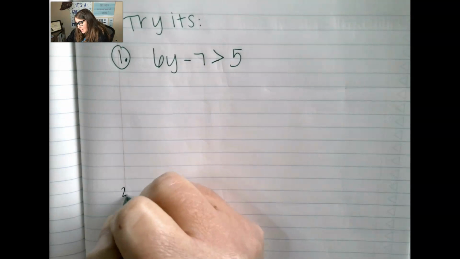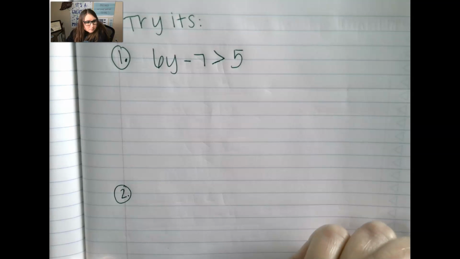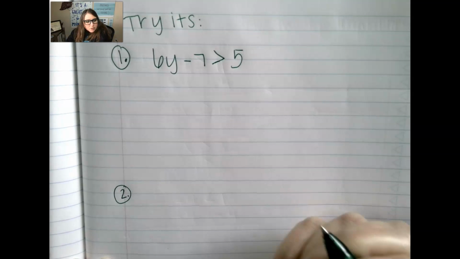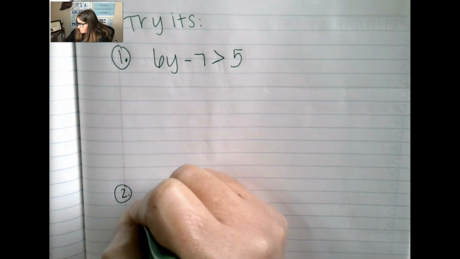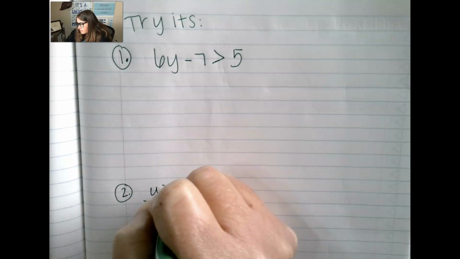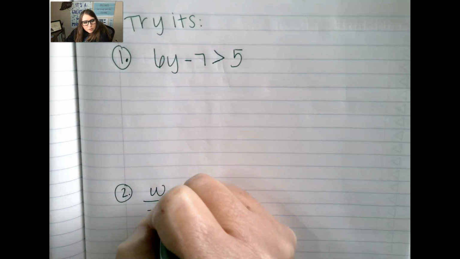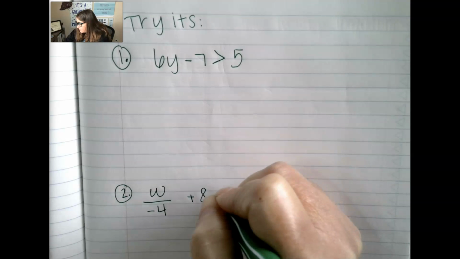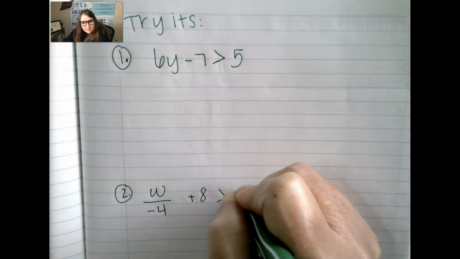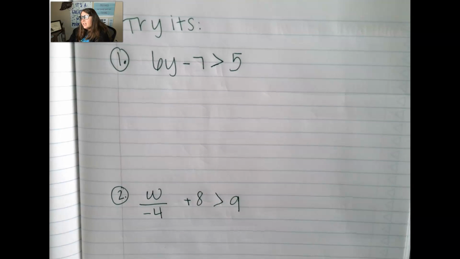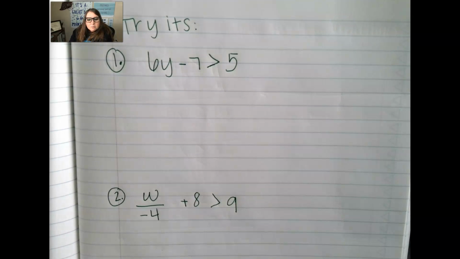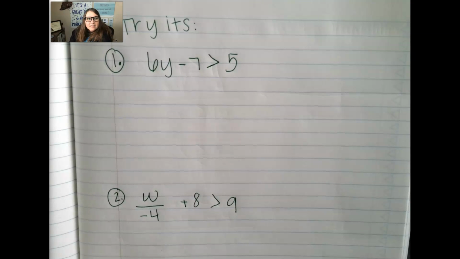And then triad number 2, it has a 4 in it, is w divided by -4 plus 8 is greater than 9. Okay, go ahead and hit pause right now so you don't hear me solving these. And then when you're ready, come on back and hit play so you can check your level of understanding.